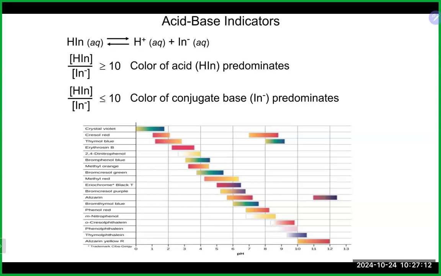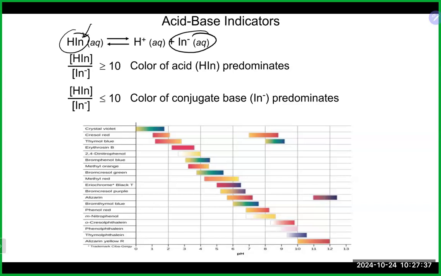But acid-base indicators, as we talked about, are for the most part similar to a weak acid. What I mean by that is HIn here means indicator. There is a protonated form of the indicator, which has the hydrogen on, kind of like a weak acid. And there's a deprotonated form where it releases this hydrogen, also like a weak acid.